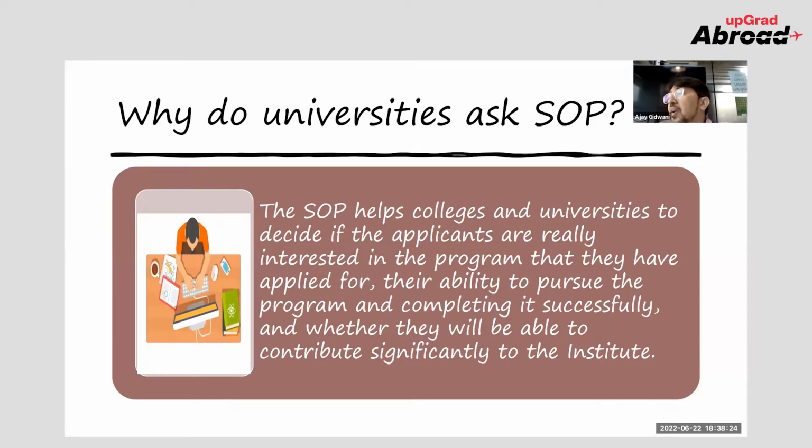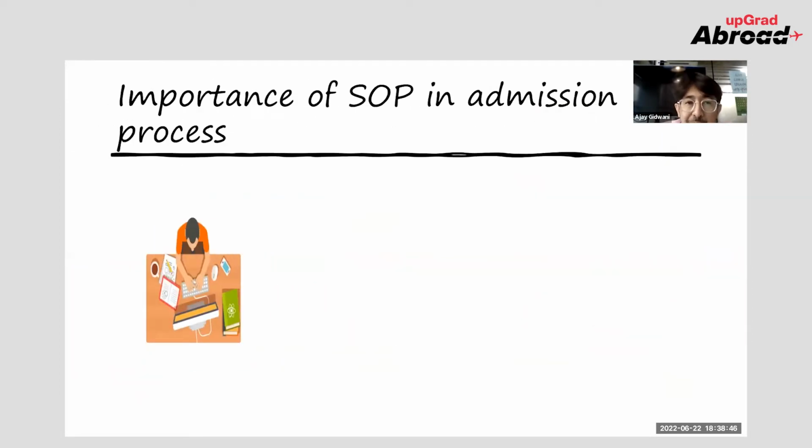This is very important because if I'm a good brand, maybe an Ivy League college, or a good university like Arizona State University, I will want to see whether the students coming to us are going to contribute significantly to the university also. So for that, SOP is very important, right?